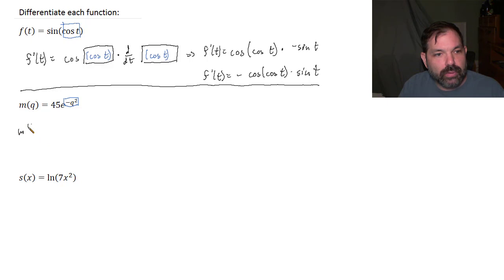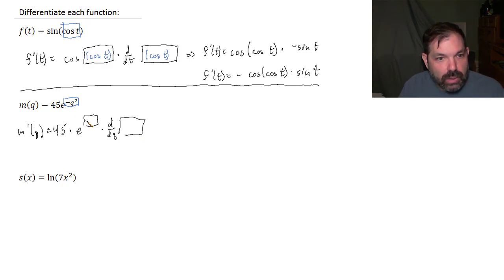So then m prime of q is 45 times e to the box times the derivative with respect to q of whatever's in the box. In this case, what's in the box? Negative q squared.